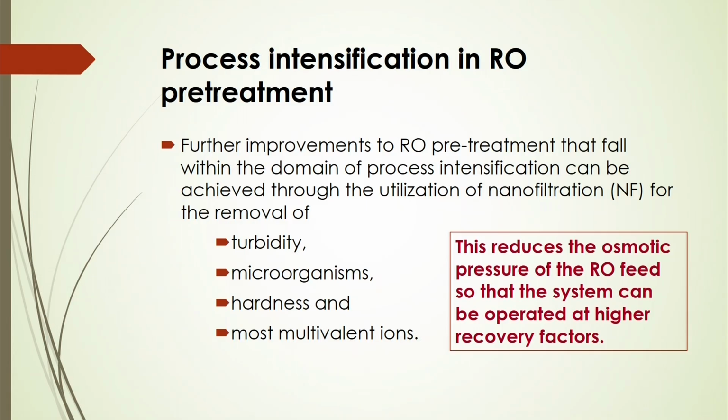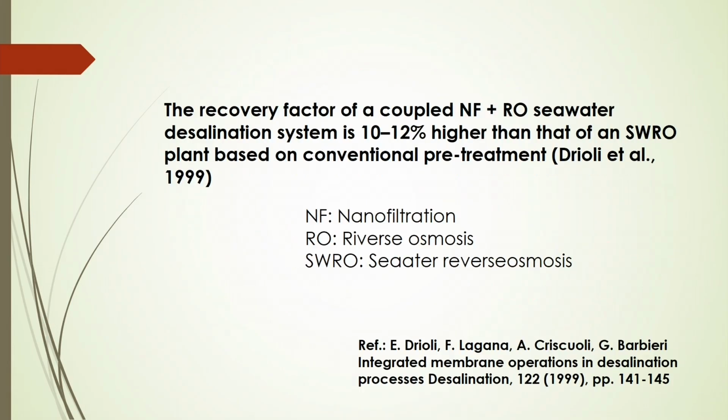further improvements to the reverse osmosis pre treatment fall within the domain of process intensification, and that can be achieved through the utilization of nanofiltration for the removal of turbidity, microorganisms, hardness, and most multivalent ions. So, in reverse osmosis, when an ultrafiltration or nanofiltration membrane is used, you can reduce the microorganisms, but just by reducing the osmotic pressure of the reverse osmosis feed, so that the system can be operated at higher recovery factors.